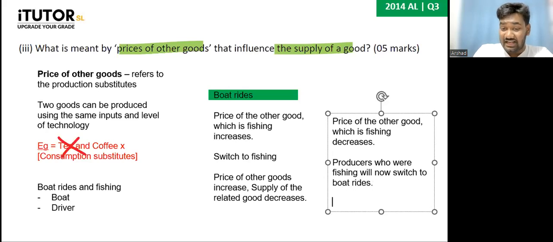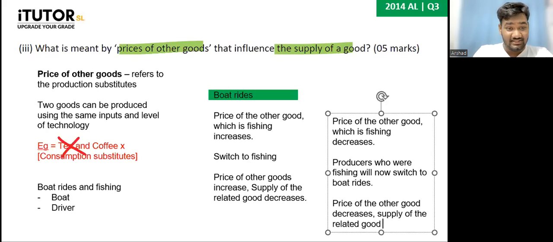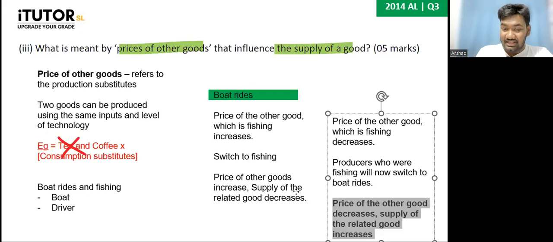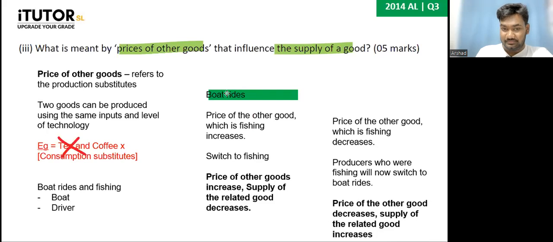When the price of the other good decreases, what happens to the supply of the related good, that is our good? Supply of the related good increases or decreases? Supply of the related good increases. More and more people now supply. Is that clear, guys? You need to know this in detail with proper logic. You can't learn this by heart. You need to know an example to support your answer. Fine.